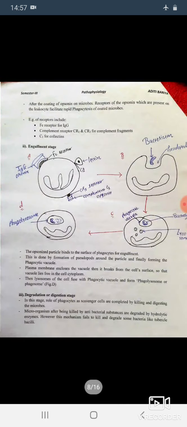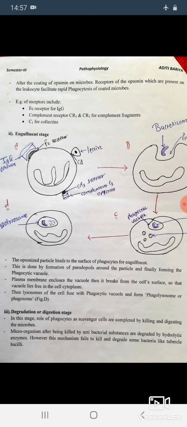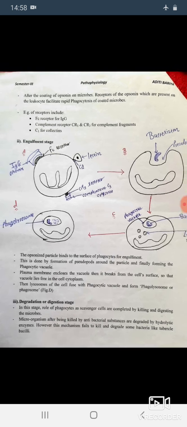So the second process is now engulfment stage. Engulfment stage, the opsonized particle binds to the surface of phagocytes for engulfment. એ એના જોડે bind થશે, engulfment start થશે. This is done by the formation of pseudopods around the particle and finally forming the phagocytic vacuole.